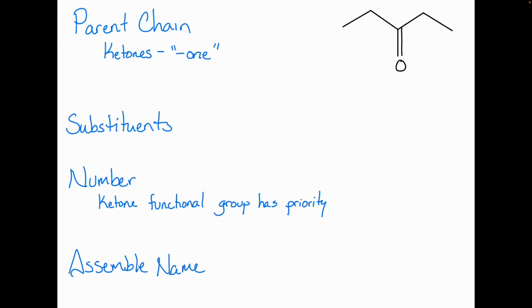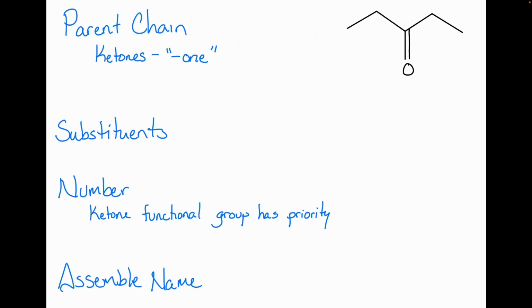Okay, so for this one here, again, find our parent chain, our 1, 2, 3, 4, 5 carbons. Okay, we're going to number that parent chain 1, 2, 3, giving that ketone functional group, our carbonyl, the lowest number. So this would be 3-pentanone.